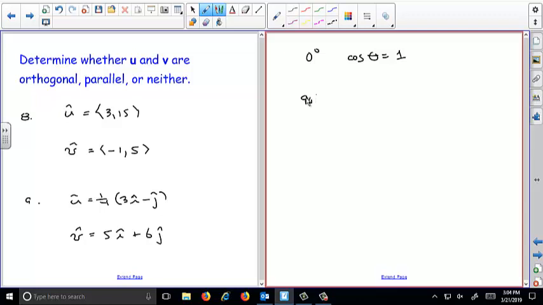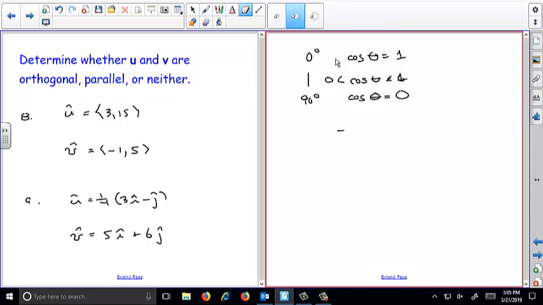At 90 degrees, the cosine of theta equals 0. And anywhere in between, cosine of theta is greater than 0 and less than 1. And if it's negative, then it's also not either.